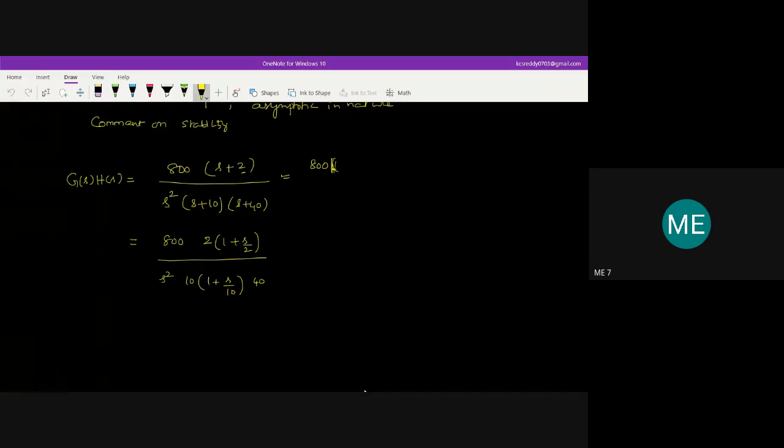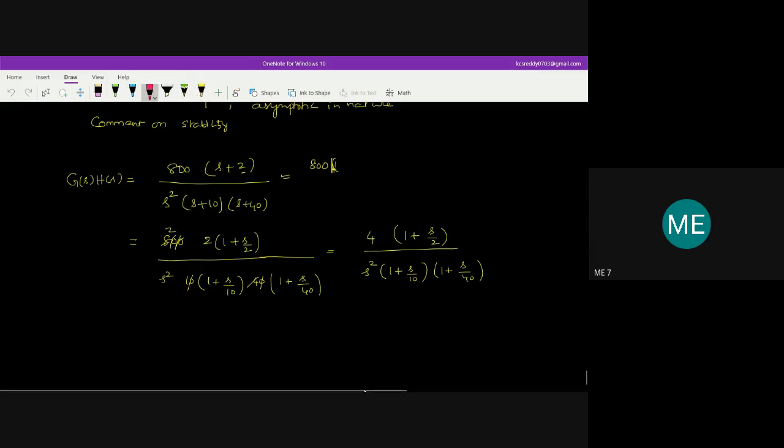Then 40 I can take out common, so 1 plus s by 40. So from this, we can cancel out this system gain term. 800 by 2 into 10 into 40, the zeros will be cancelled out, and totally I'm going to get 4 into (1 plus s by 2) divided by s square into (1 plus s by 10) into (1 plus s by 40).